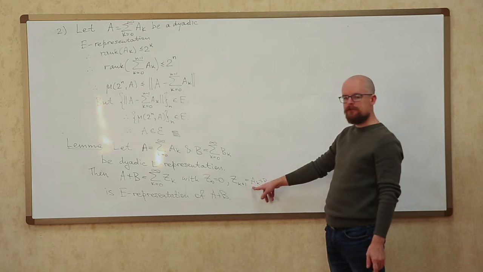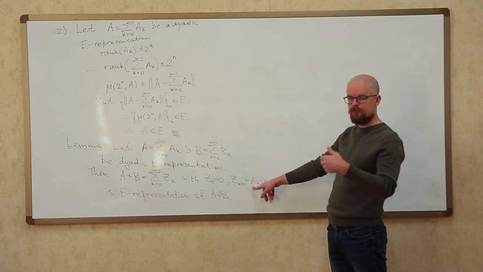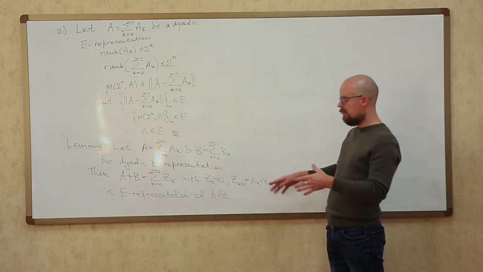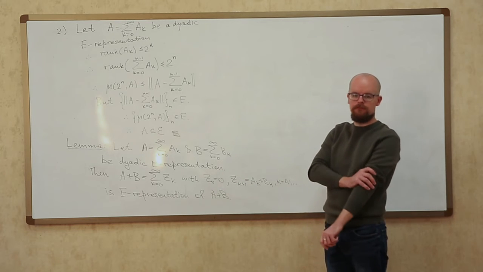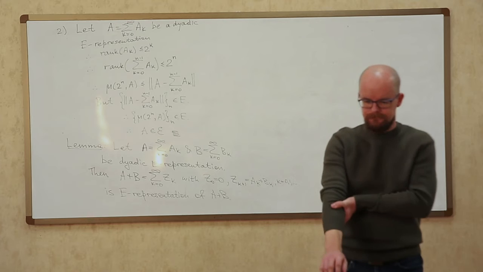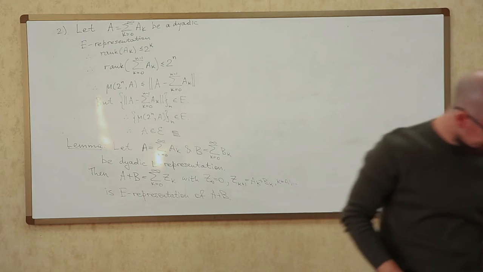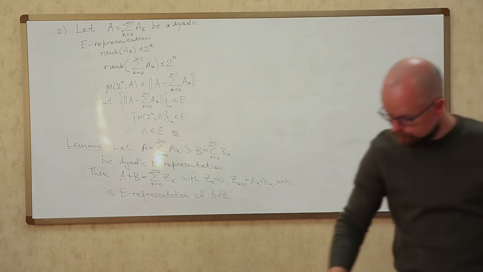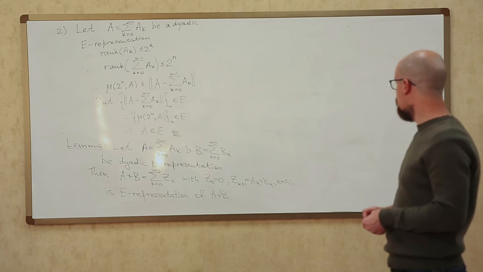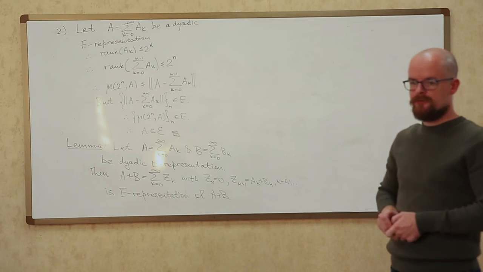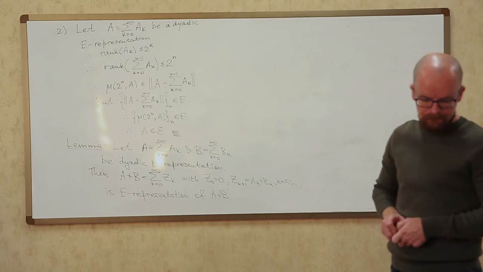But the rank of these is at most 2 to the power of k, and the rank of these as well. So to maintain the ranks, we just set the first one to be 0. Okay, and that was all the preparation we needed for the main theorem.